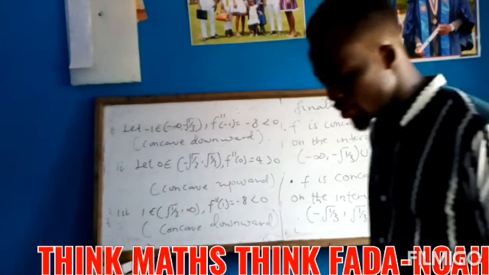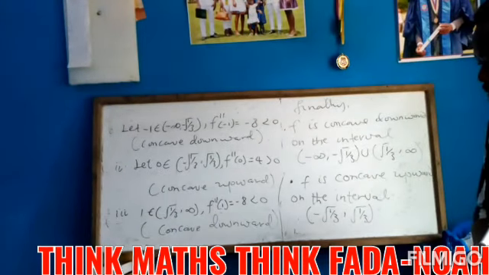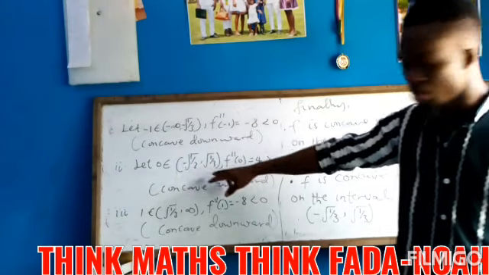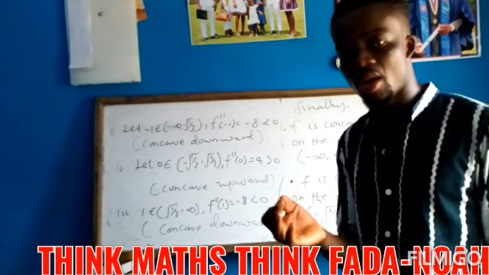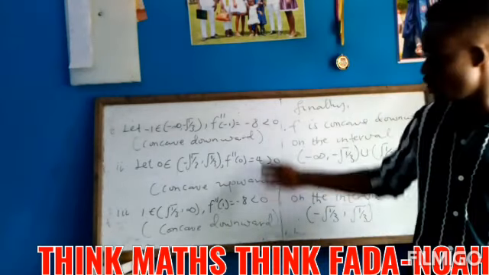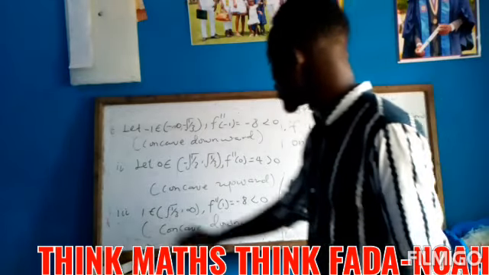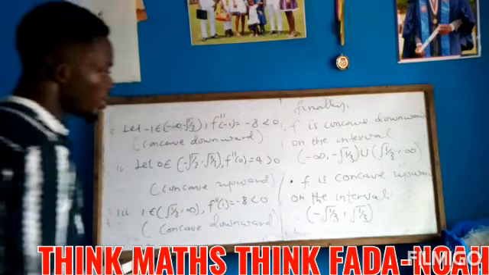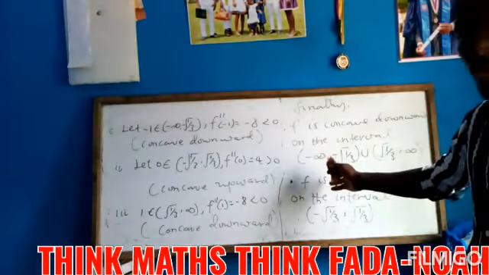So let's continue. We are asked to find the point of inflection. So what we found earlier on, plus or minus root 1 over 3, are the values at the point where the point of inflection occurs. So let's actually find the point of inflection. I think you need some seconds to finish writing this one.